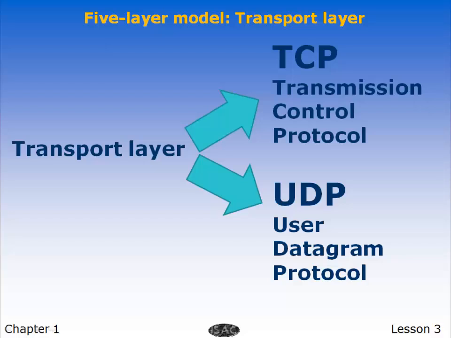The UDP protocol is used for voice over IP services, for example, Skype, video transmitting, video streaming services, TV streaming services. But the TCP protocol is used in things such as FTP, file transfer protocols, where you need the exact data to be transmitted.